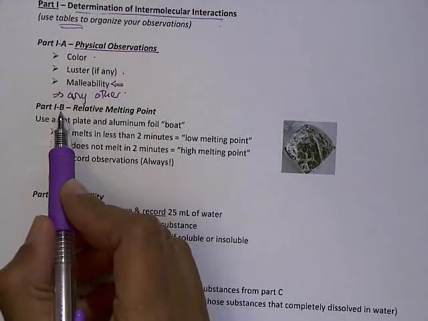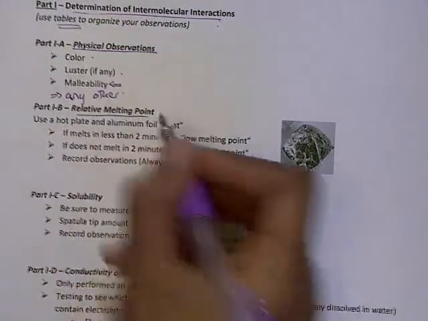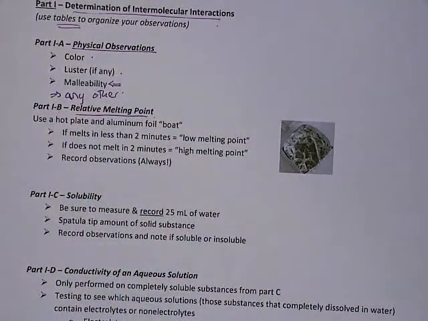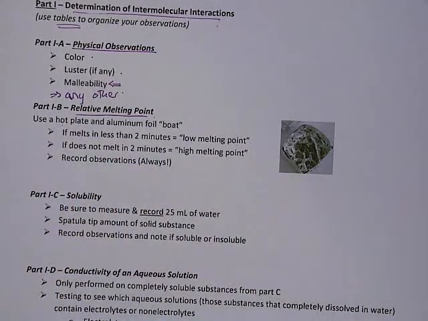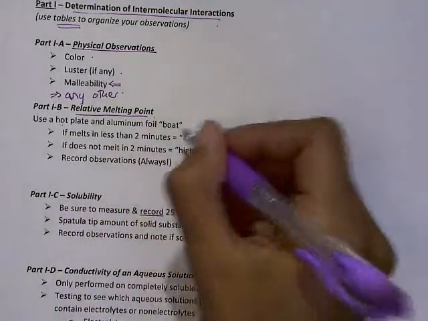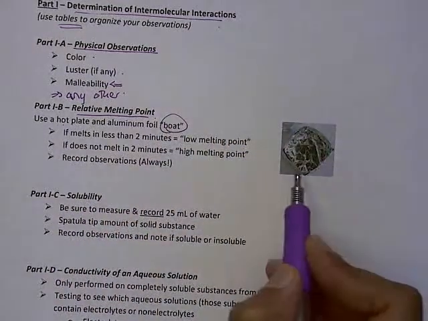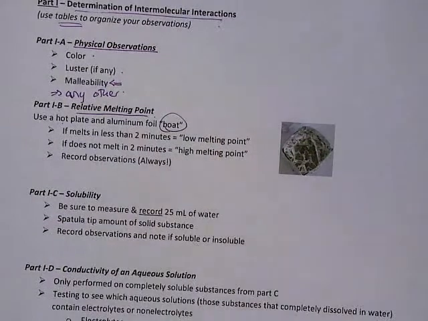In part B of part 1, we're going to look at the relative melting point. You're not actually measuring melting points. Here, we're going to give you a scale to assess whether something has a high or low melting point. With part B, you're going to be using a hot plate. You're going to crank up the hot plate. You're going to make a boat out of aluminum foil, and here's a short picture of what this boat looks like.